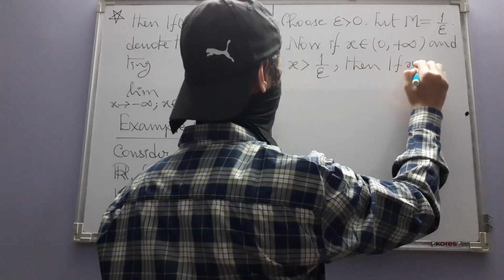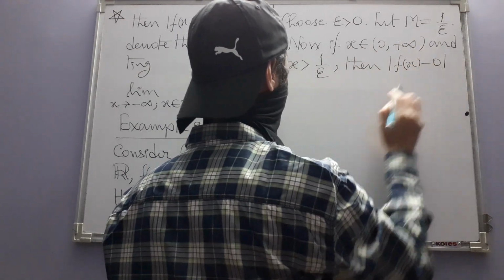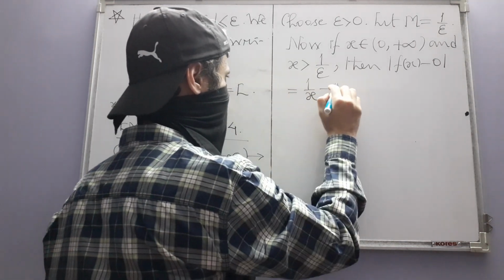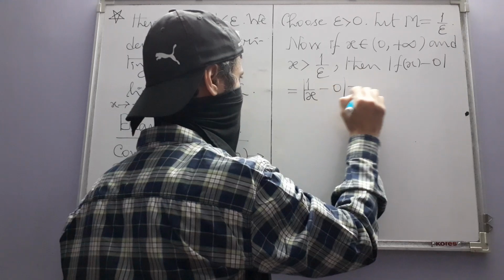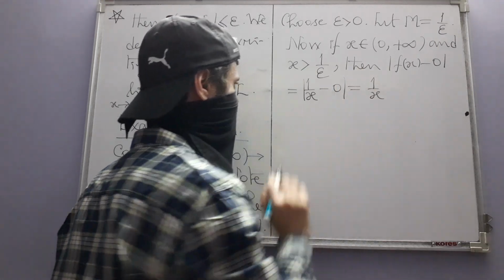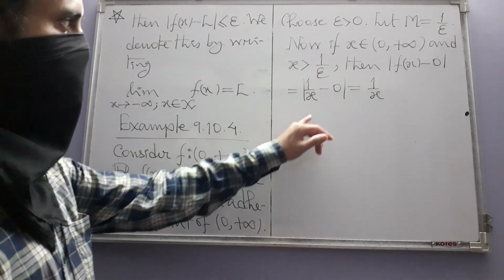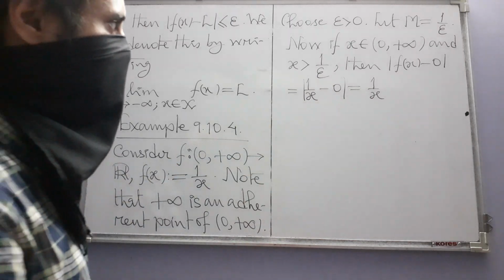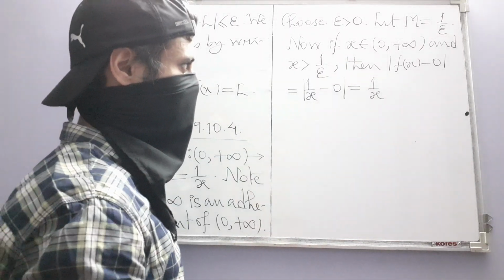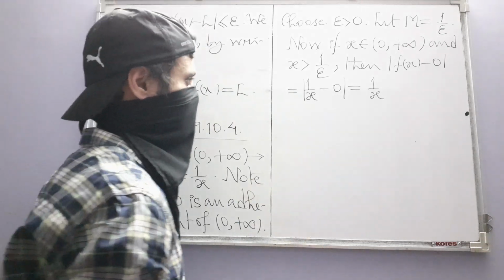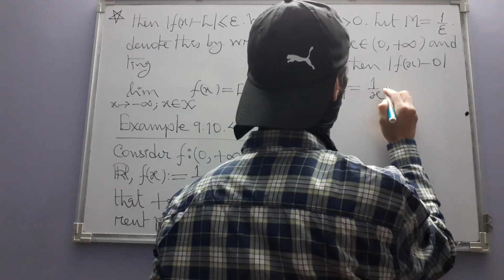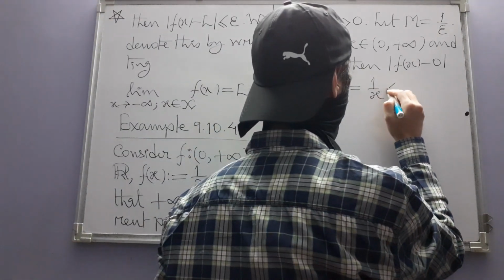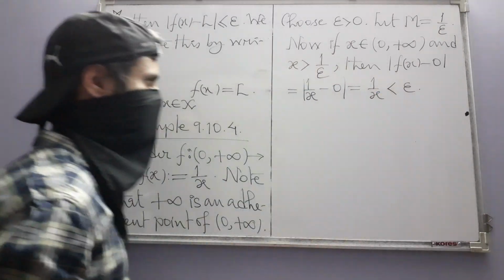the distance between f(x) and 0, which is 1 over |x|. Why were we able to get rid of the absolute value? That's because x is positive, so |x| is simply x. Now x is greater than 1 over epsilon, so 1 over x is less than epsilon.